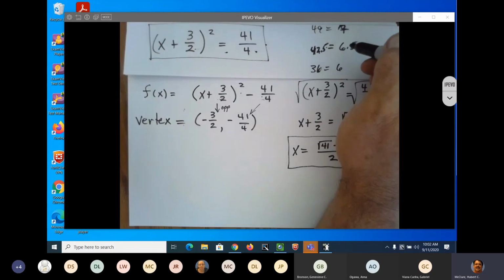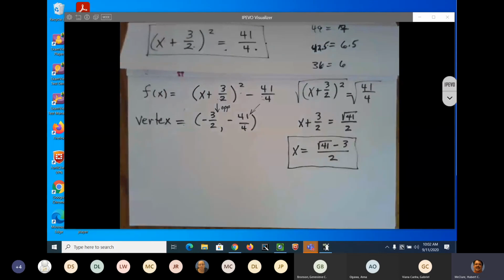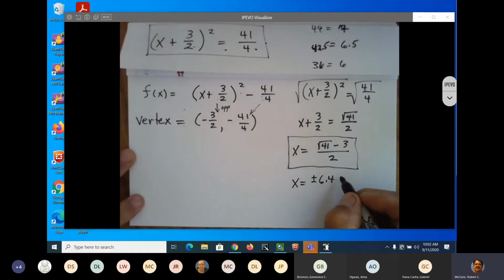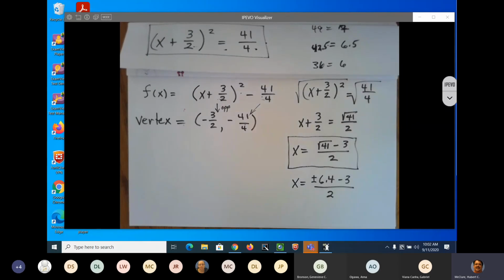So I'm going to say 6.3 or 6.4. So x is equal to positive or negative 6.4 minus 3 over 2. Will somebody give me the square root of 41 right quick and tell me the 6.4 or 6.3? What is it? 6.4. Okay, good.